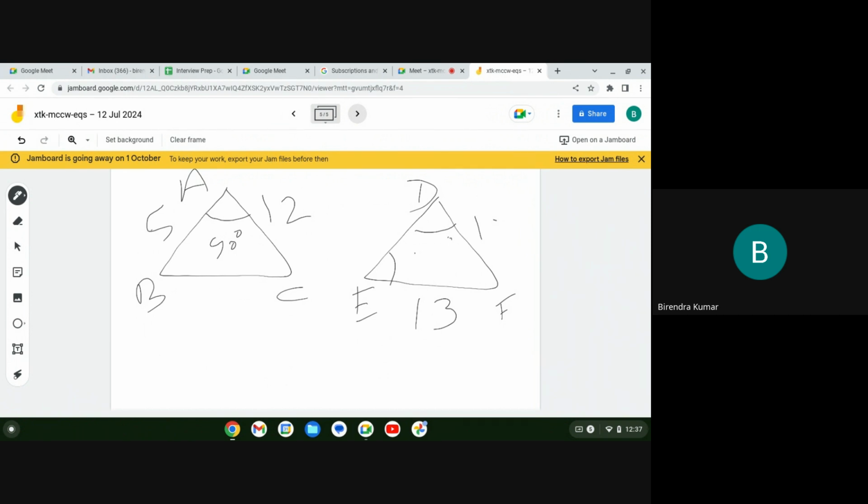let's say this is 50 degrees and this is 40 degrees. I kind of disclosed the answer to you, but still, there are two triangles.